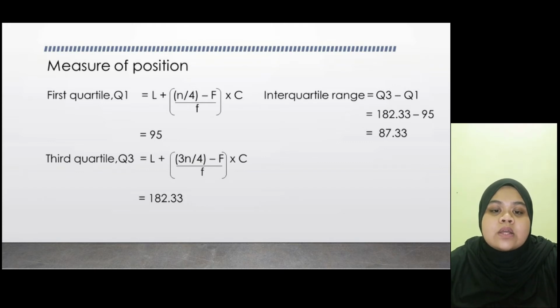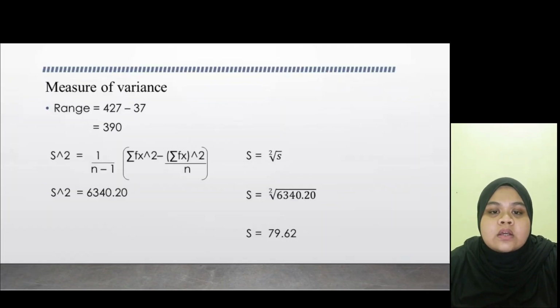Our third quartile was 182.33. So in interquartile range, we have to take third quartile minus first quartile. So 182.33 minus 95 totals to 87.33. So in measure of variance, our range was 390.